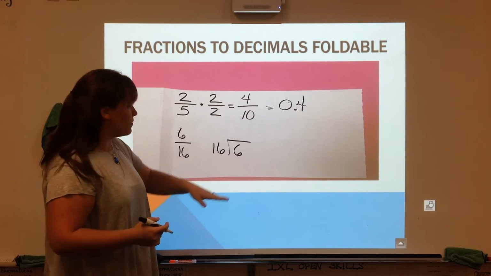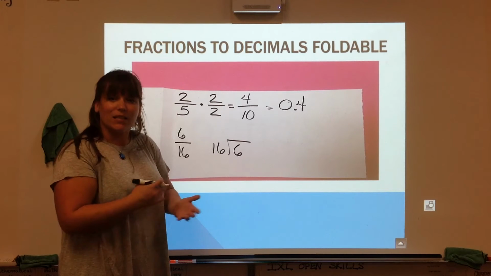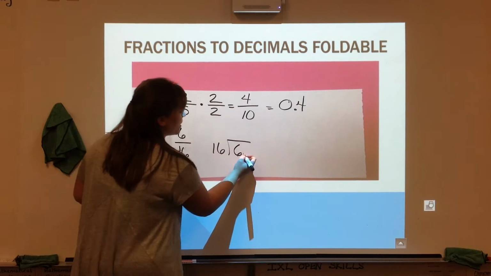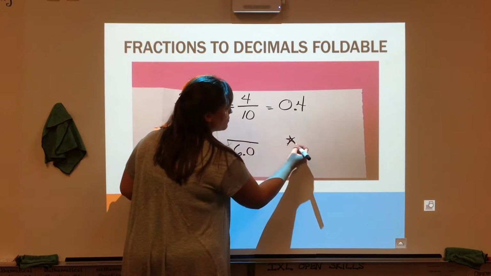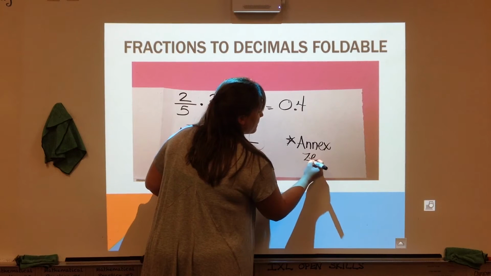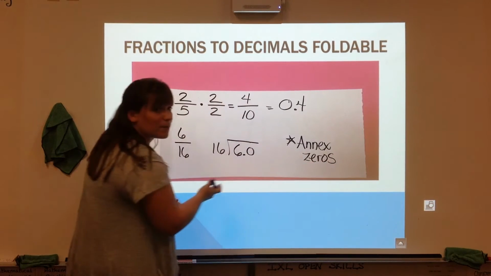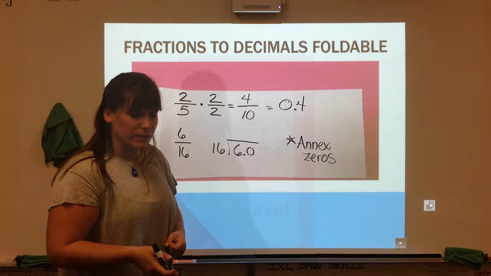The key though, this is smaller. That makes sense. A fraction is less than 1. So when we have to divide, we are going to end up annexing zeros. So I actually want you to write that so you don't forget. We're going to end up annexing zeros when we divide fractions to find their decimal equivalent.